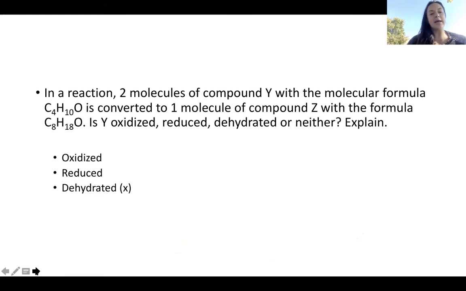Okay, so you guys had this question on your homework. I'm going to get a drawing tool out to see. So 2 molecules of compound Y with a molecular formula C4H10O. So you have 2 of these, right? So C4H10O. And you actually have 2 of them.